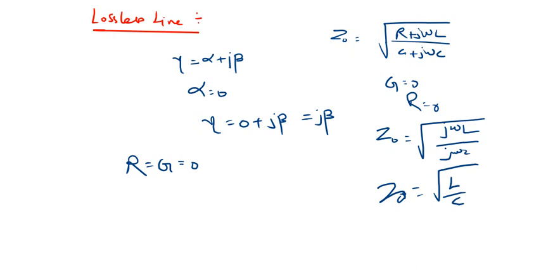The characteristic impedance is purely resistive, which means it is a real number and the unit is ohm. That's why I say it is purely resistive, because only the real part is there and there is no imaginary part. I hope you understand what I mean to say.